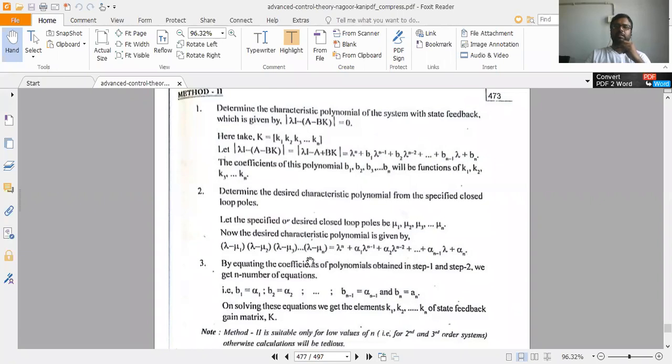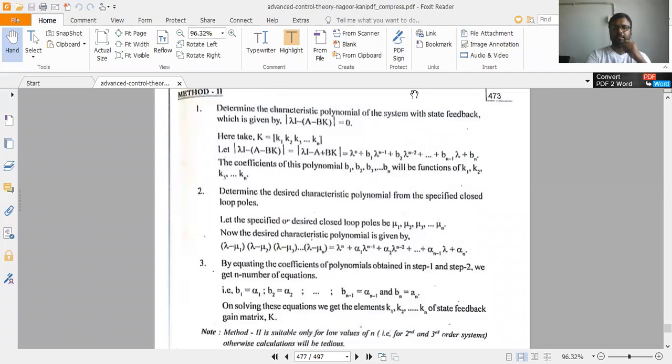Therefore, this characteristic equation is given as lambda power n plus v1 into lambda power n minus 1 plus v2 into lambda power n minus 2, and so on up to v(n minus 1) into lambda plus vn. Here the coefficients of the polynomial v1, v2, v3 and so on up to vn should be functions of the state feedback gain matrix parameters.